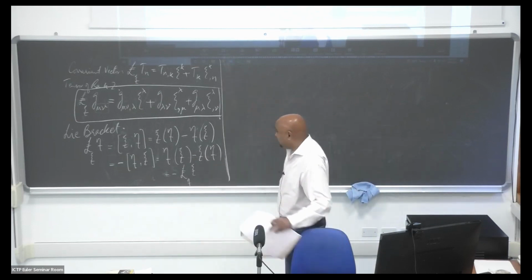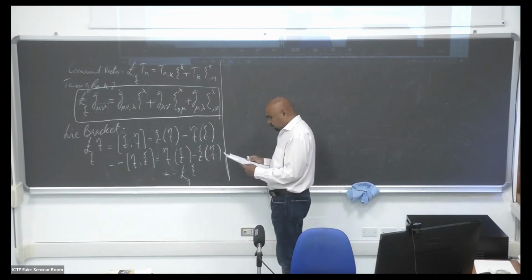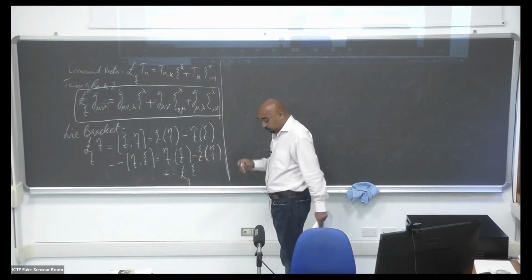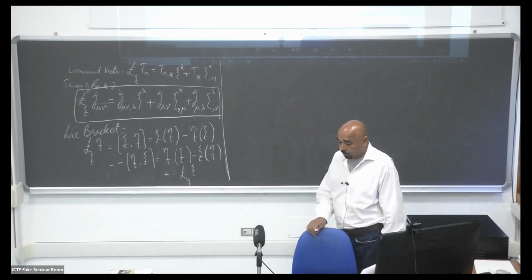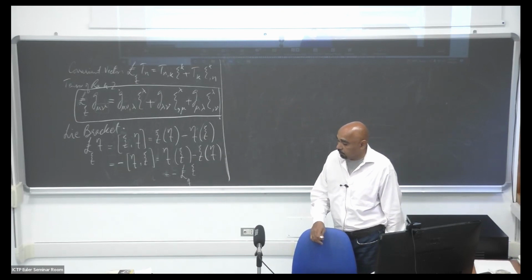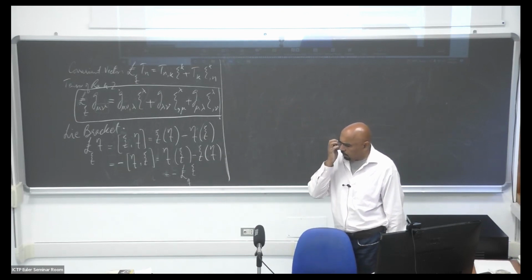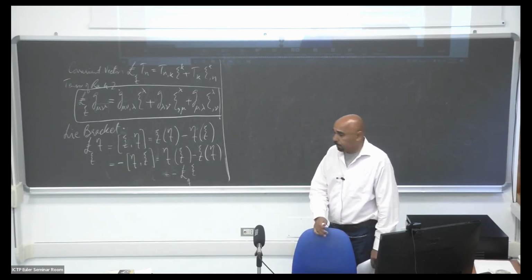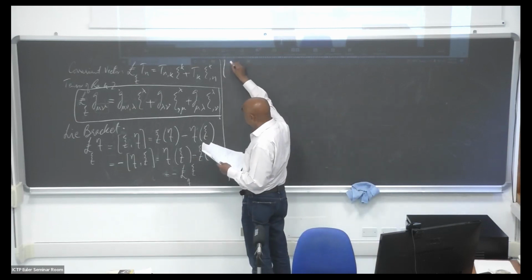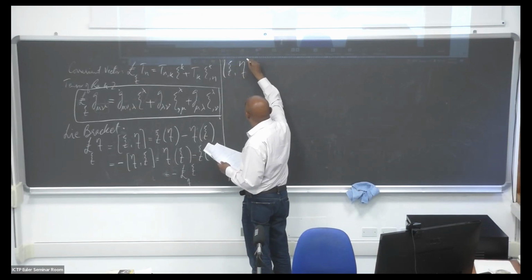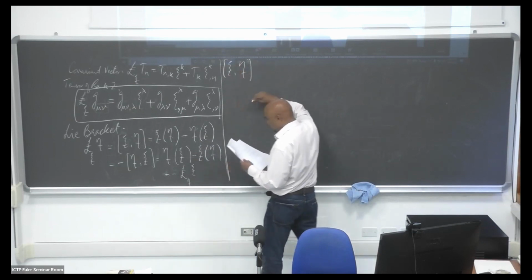Okay, the two important properties I would like to talk about are linearity and the Leibniz property, when we apply this Lie bracket on the sums of functions and the product of functions. They're almost clear from the definition, but I should mention them.